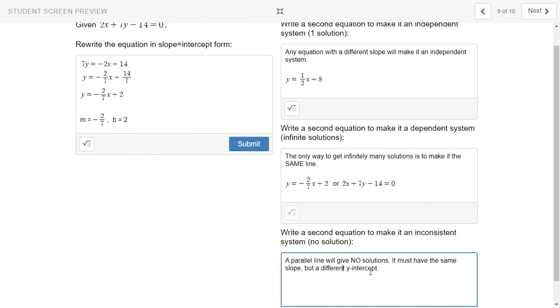Okay, so it must have the same slope, but it needs to have a different y-intercept. The slope that we're working with is negative 2 over 7, and we need a y-intercept that is not 2. So I could say plus 3.